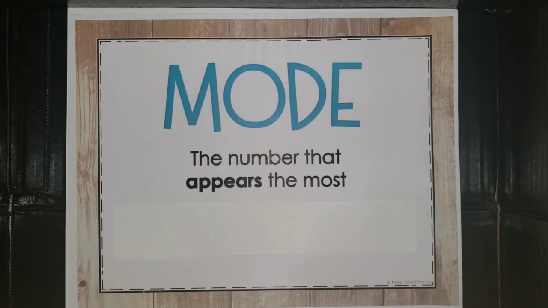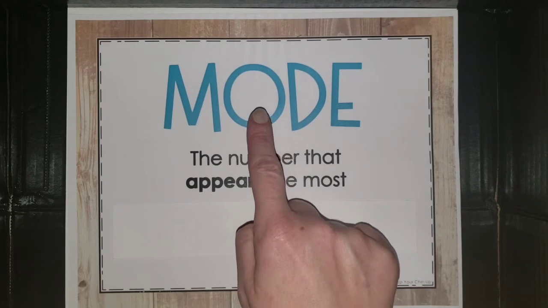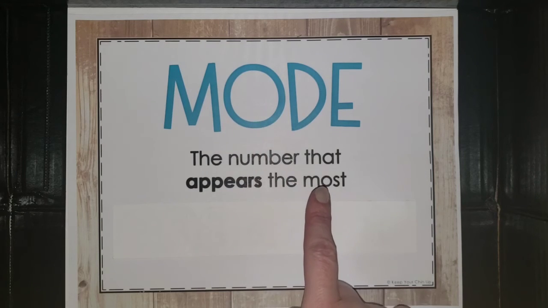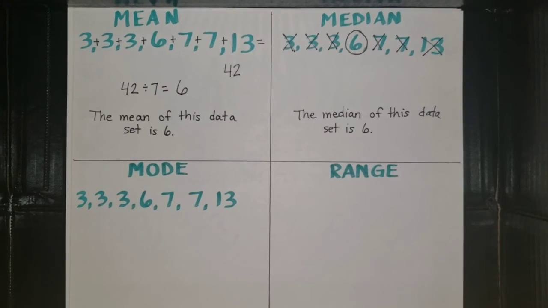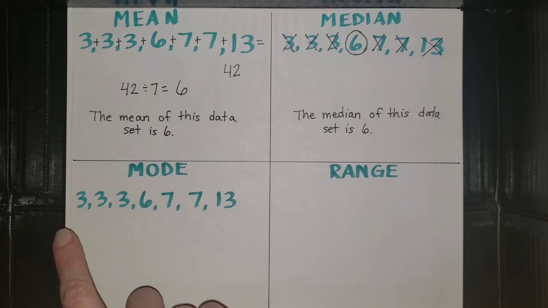If you'd like, say that with me again. Mode means most. And as you can see, once again, I have my data set written in ascending order from least to greatest.